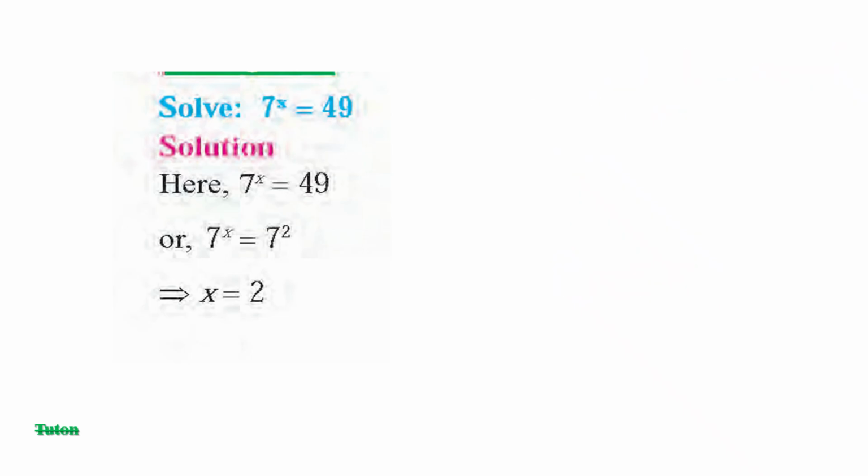Now moving on to solve this equation. Here 7 to the power x is equal to 49. We want a number with base 7 and an exponent whose value we have to determine to get the value of x.